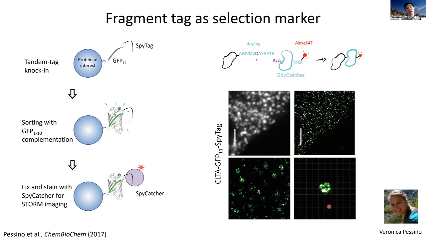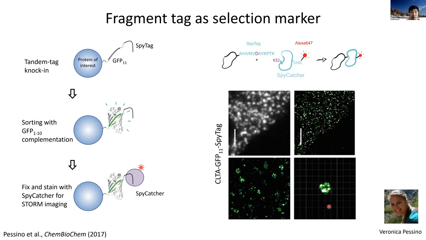It's just now fixed and stained with the SpyCatcher for us to take a STORM image. We've validated that this is definitely higher tagging efficiency compared to even the highest affinity epitope tag antibody combinations.